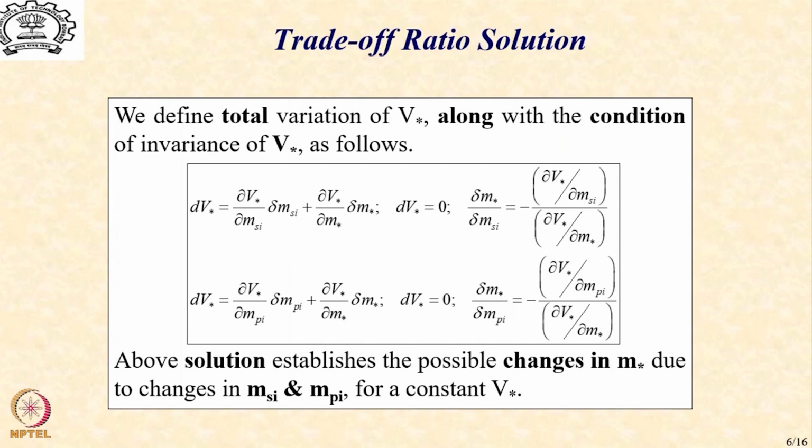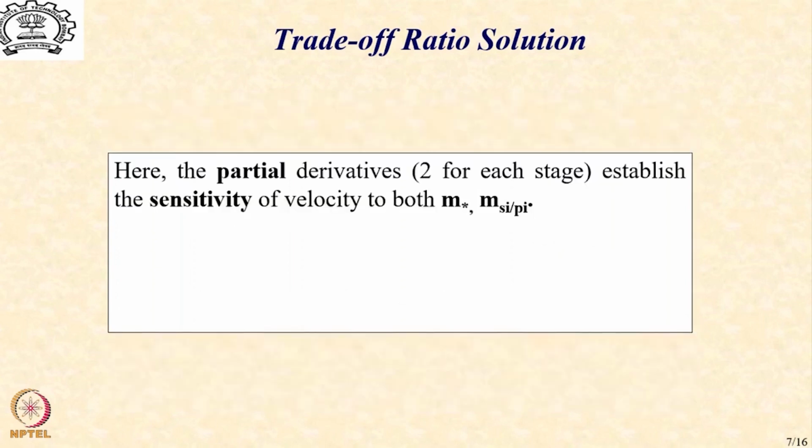Now we need to understand how we can evaluate these partial derivatives. Of course, we realize that there are two partial derivatives for each stage, one with respect to the structural mass and one with respect to the propellant mass.